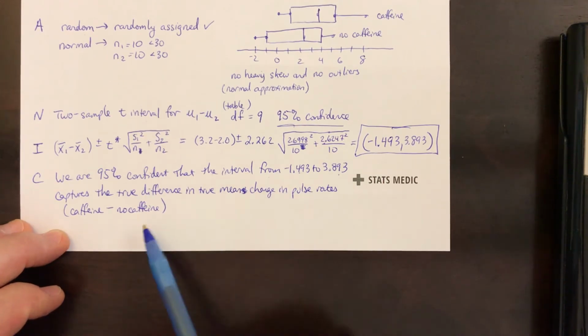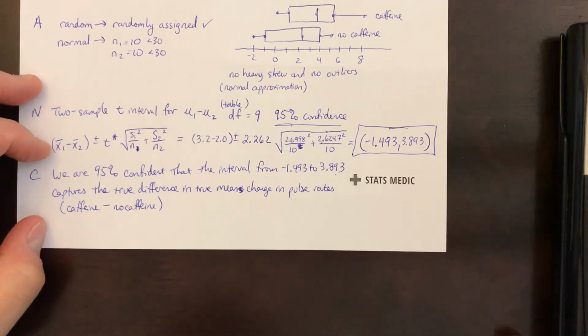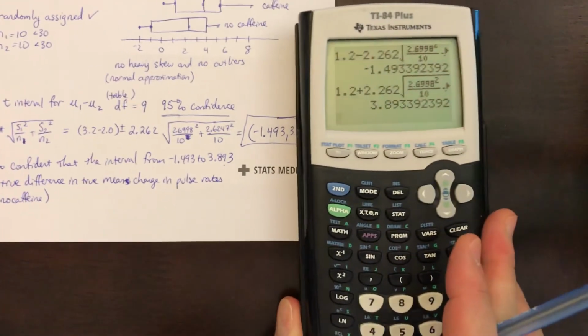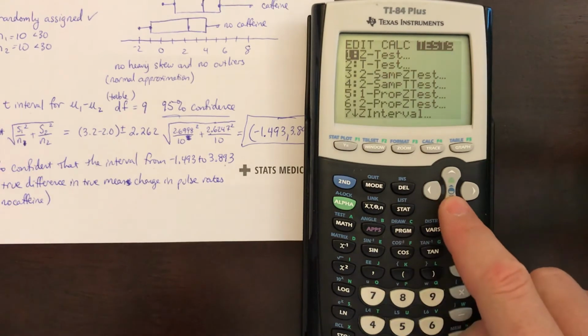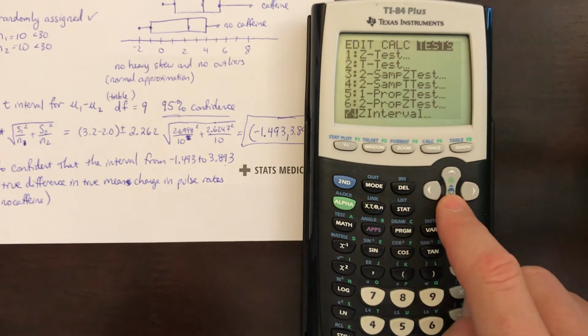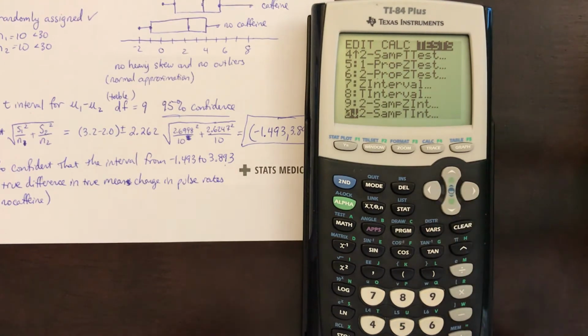Okay, now the last thing that we'll do here, if I had used the calculator to do the whole thing, I would go to stat, test, and I'm looking for a 2-sample t interval.